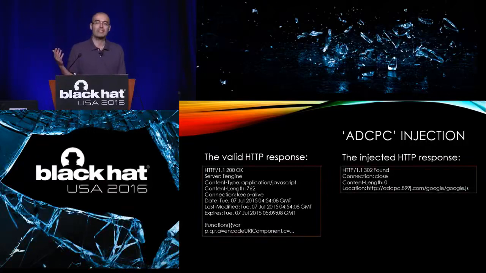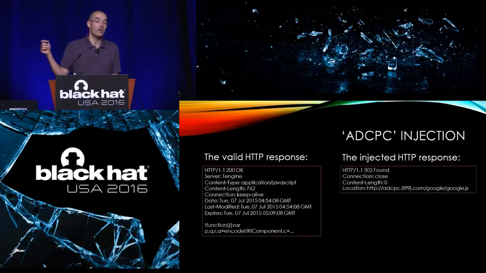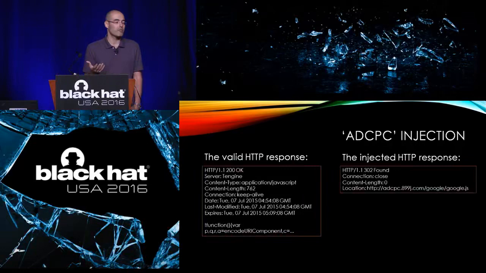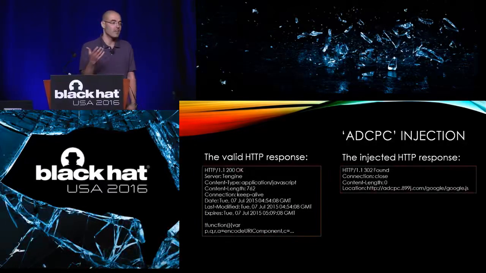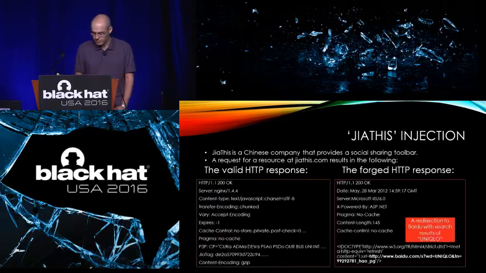Now, after we analyzed this JavaScript, we saw that it simply redirects the user to affiliate ad networks until it reaches Google's ad networks, and then the user is served with an advertisement. And probably, of course, the injector had some sort of gain from this injection. Probably it got revenue sharing with this affiliate ad network.